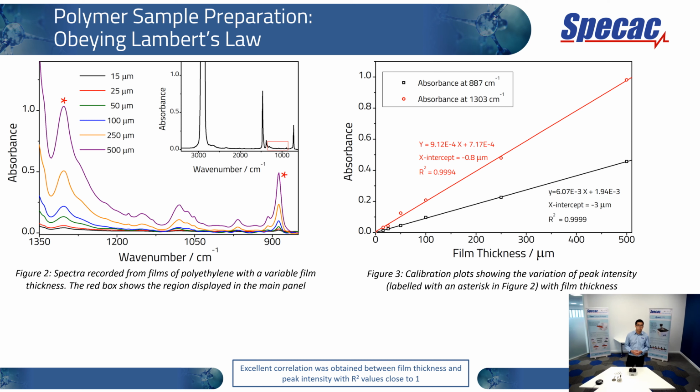So in this particular example, as you see in figure 2, we used the film maker to press polyethylene at different thicknesses ranging from 15 microns to 500 microns, and then we collected the FTIR spectra, and from the 2 peaks with the asterisk on, so 887 wave number and 1303 wave number, we used those peaks to create the calibration plots on the right hand side in figure 3, where we did a plot of absorbance against film thicknesses ranging from 15 to 500 microns, and as the film thickness increased, the absorbance also increased, obeying Lambert's law.